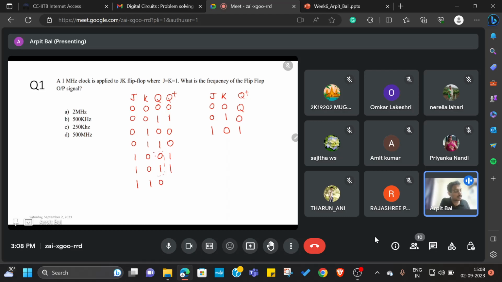Next, if J is equal to 1 and K is equal to 1. Observe this particular point because this is related to our question number 1.